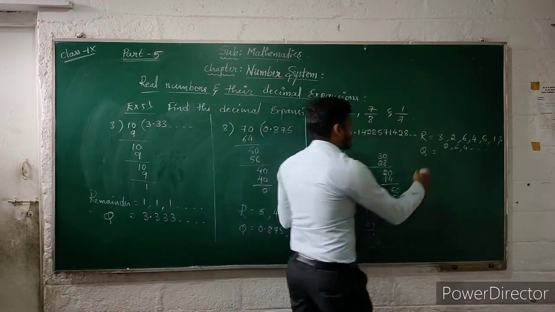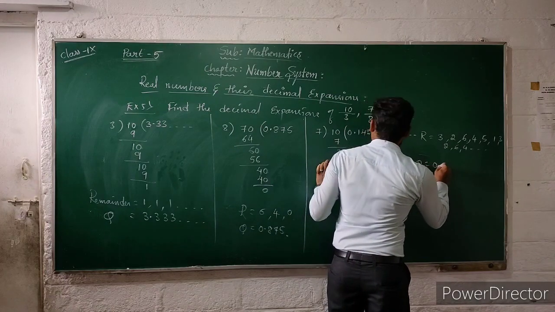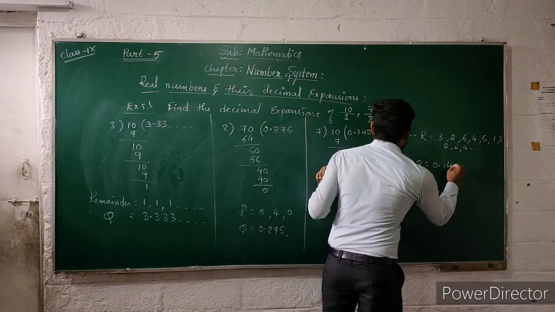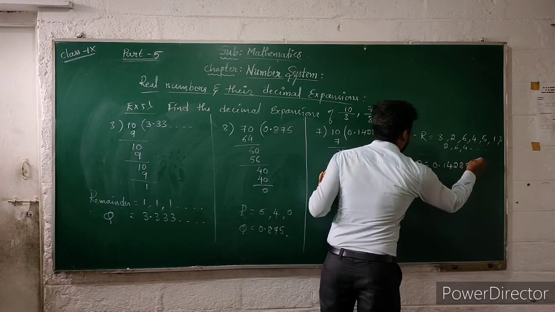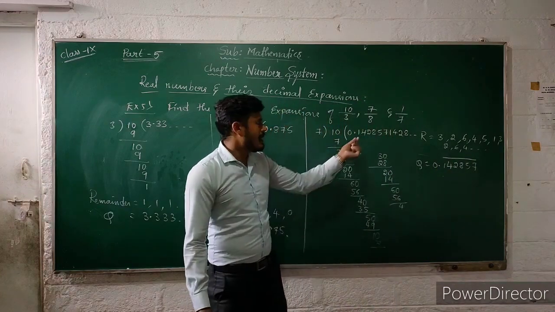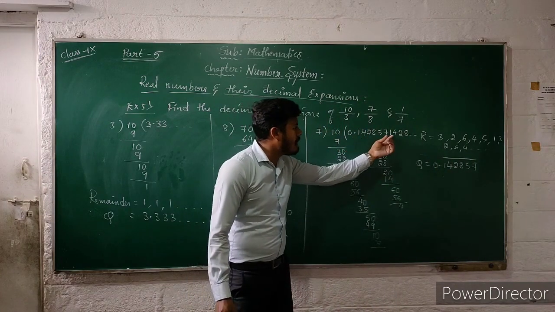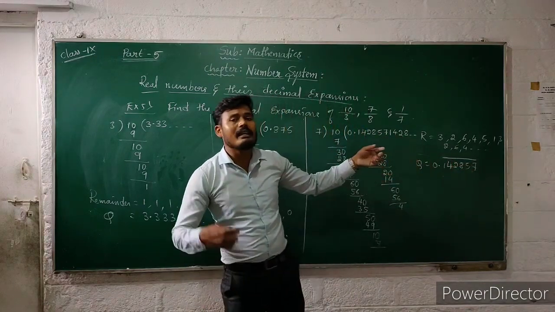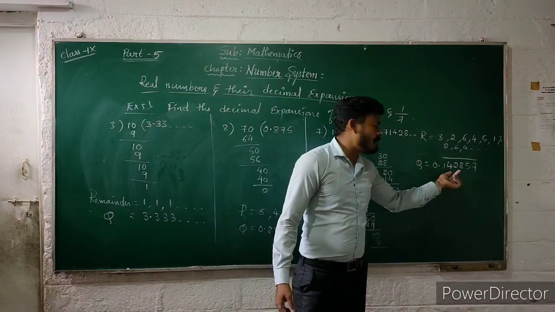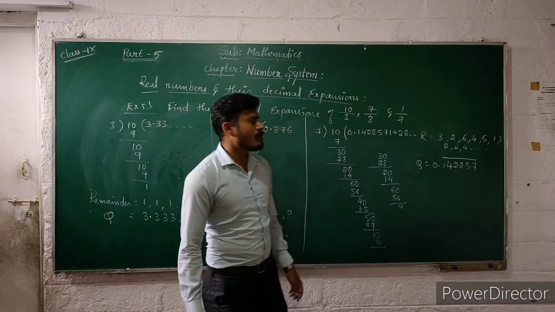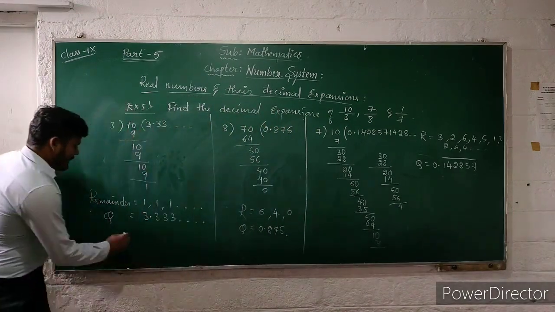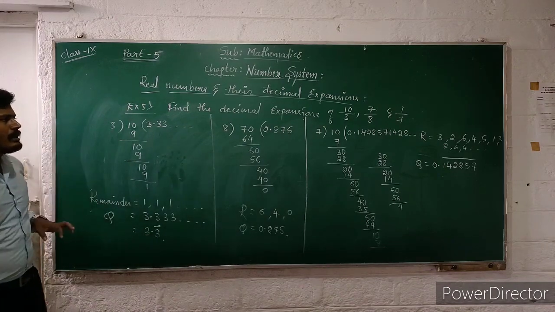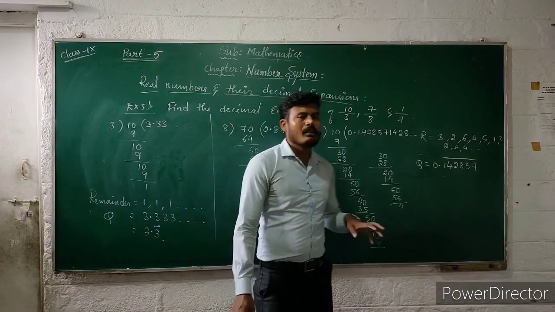So here the quotient is 0.142857 with a whole bar, because 142857 is repeating indefinitely. So it can be represented as 0.142857 with a bar, or the earlier one can be represented as 3.3 with a bar over the 3. So these are the decimal expansions.